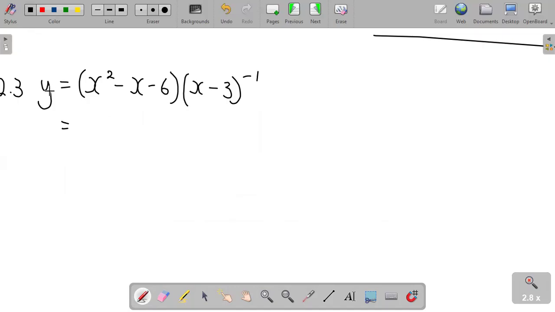We should try to find the factors here. So it's going to be x and then x, and then it's going to be plus 2.